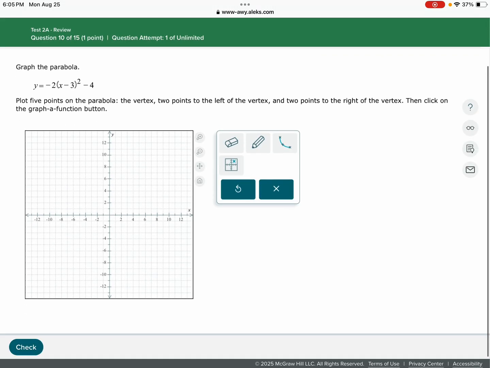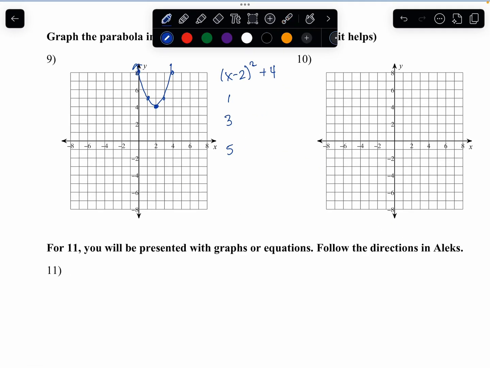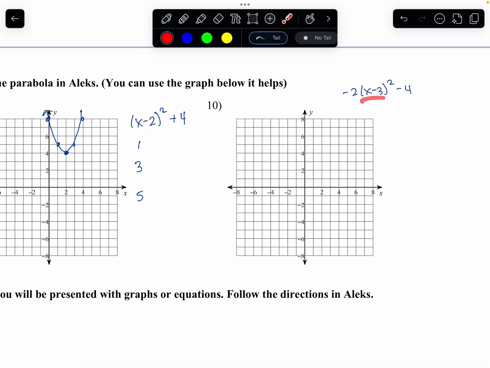All right, so for 10, we're doing the same thing. I have negative 2 (x minus 3) squared minus 4. So I'm going to move this to the right 3 and down 4. Should put it right there.